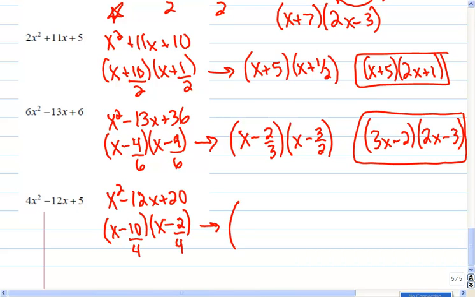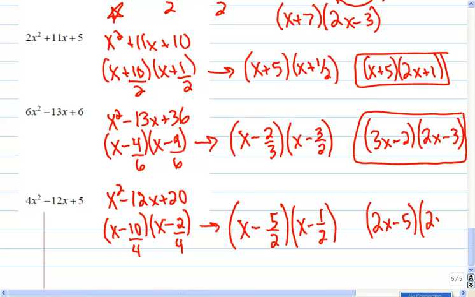So when I reduce those fractions, I can get 5/2 and 1/2. In factored form, that's going to look like 2x minus 5 and 2x minus 1. Okay, so if you're on board with those three, you should be in really good shape. Any questions so far?